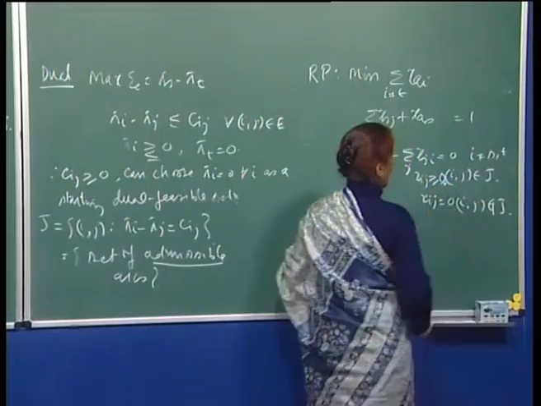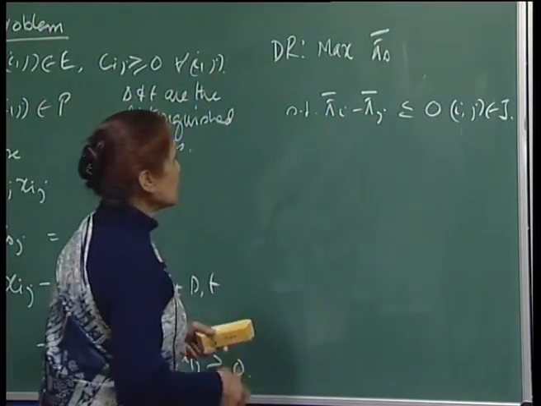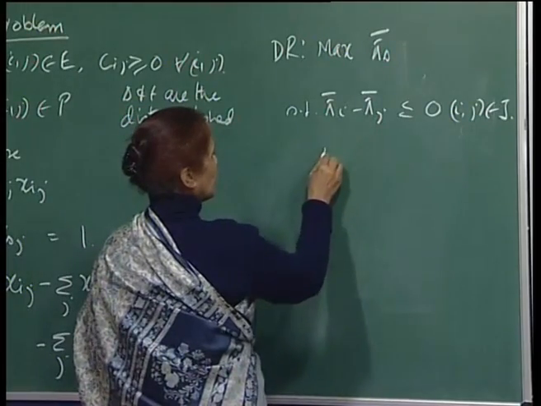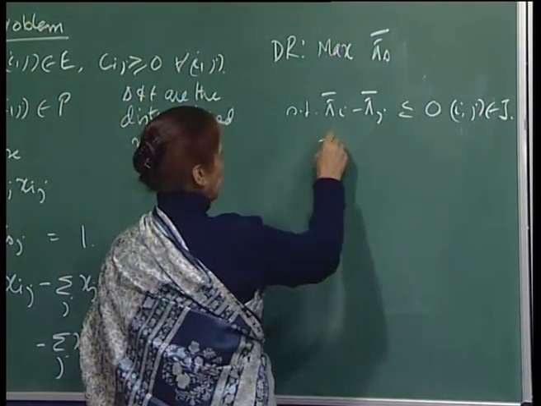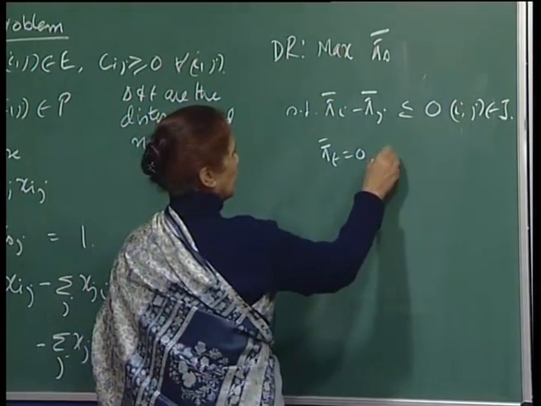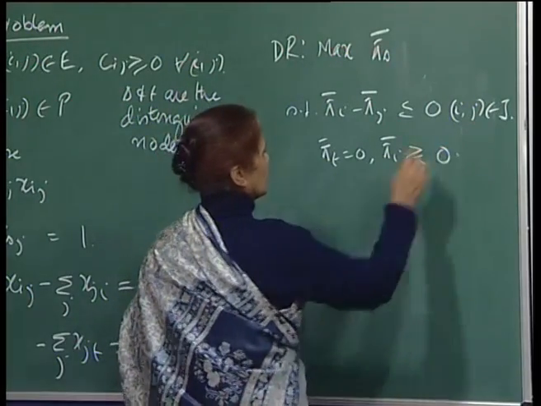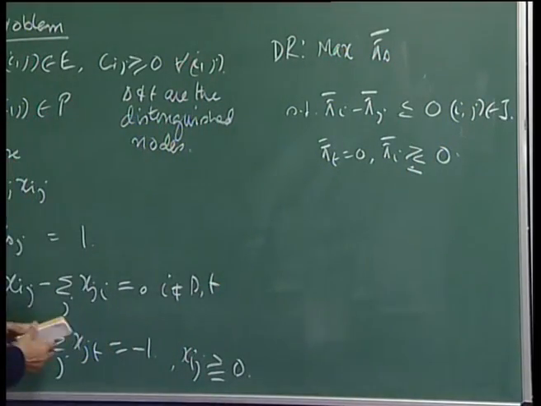And of course, we will also maintain that pi bar t is 0, and the other pi i bar less than or equal to 0.